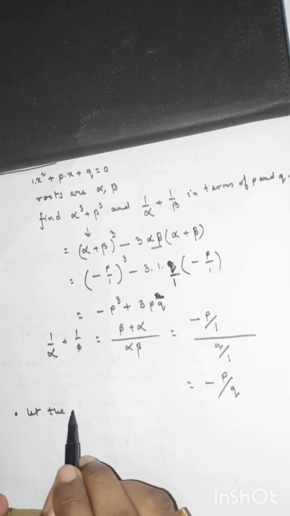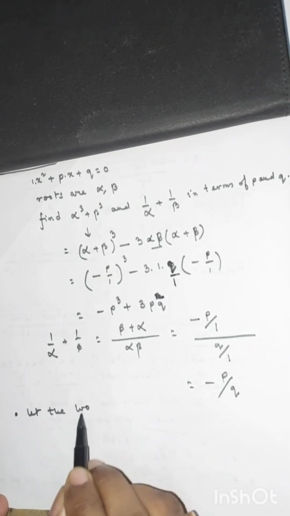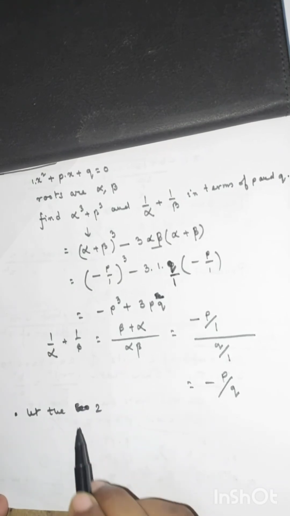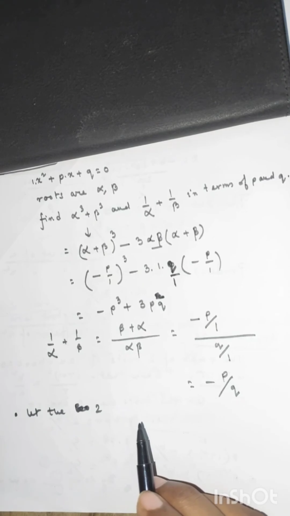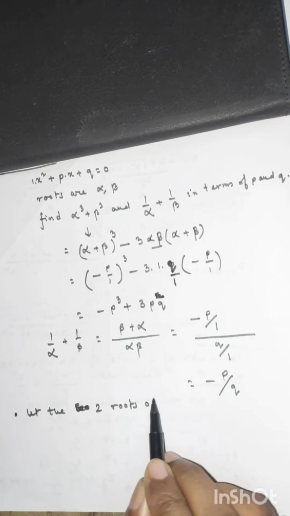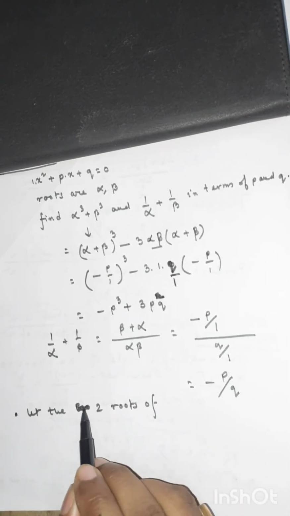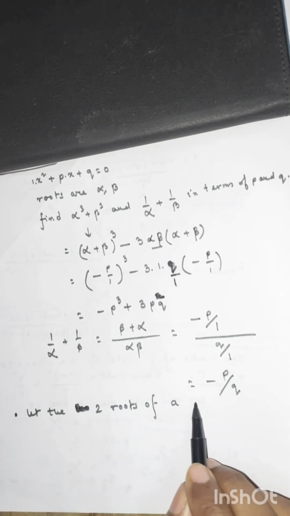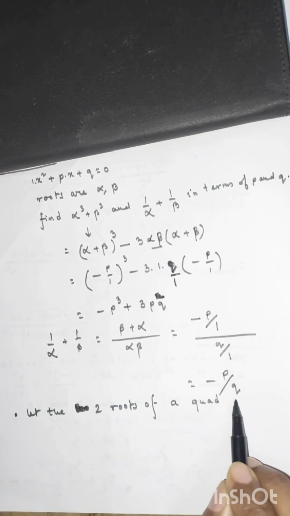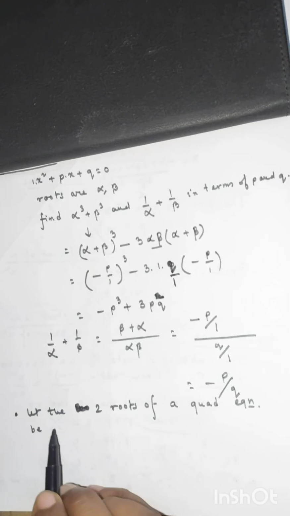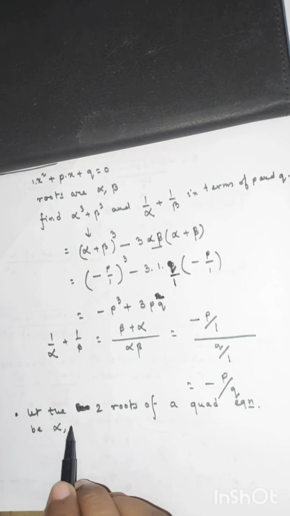Let the two roots of a quadratic equation be alpha comma beta.